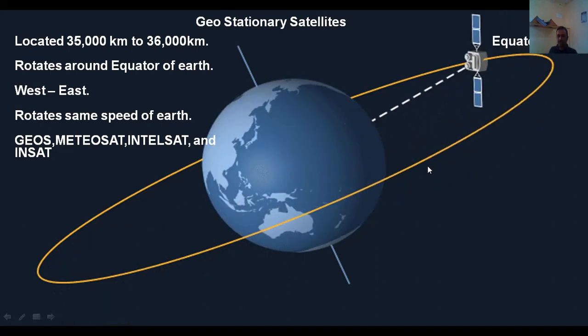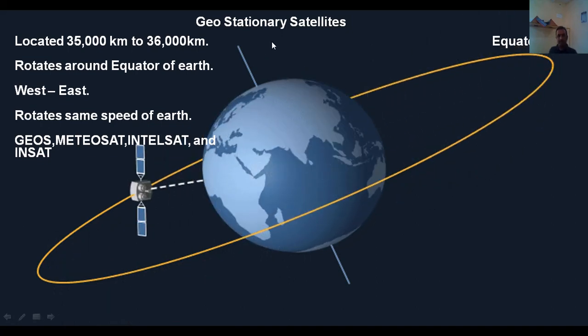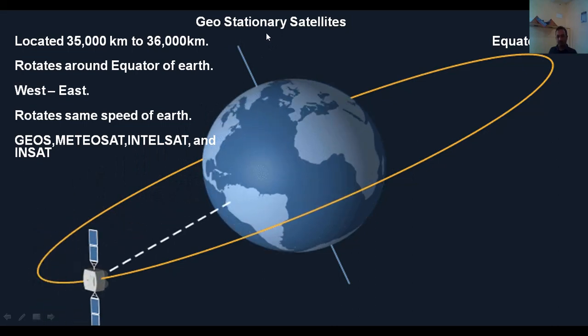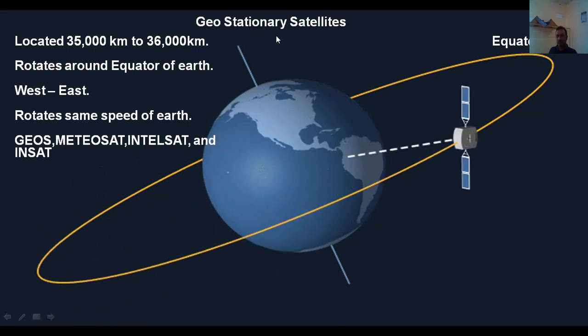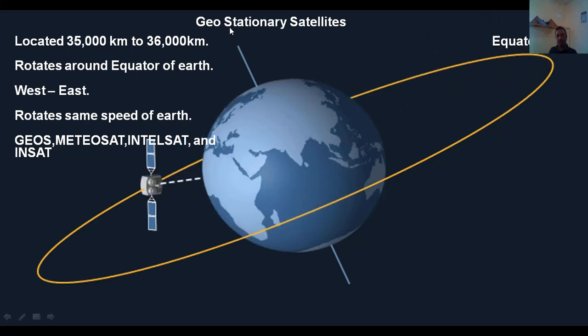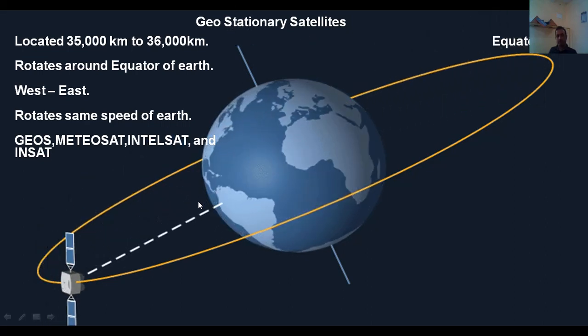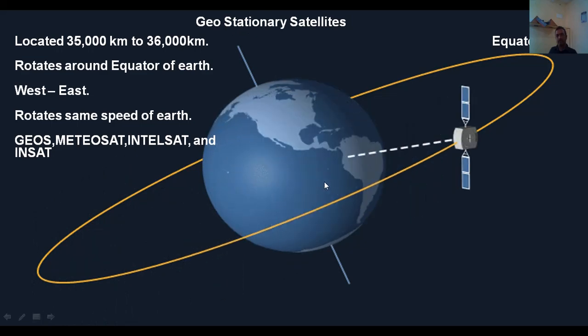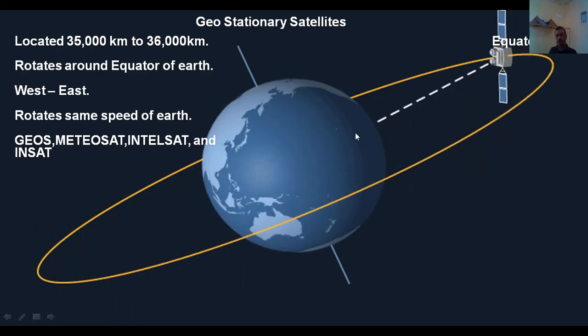The name itself says it: geo and stationary means, relative to the earth, constant at one point of time. It is constantly capturing the radiation.